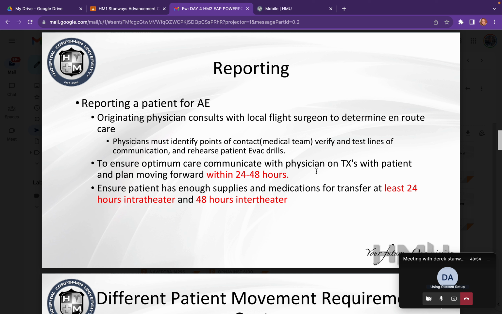But intra-theater is within the AOR. Inter is in between. So when you go from CLDJ to Landstuhl, now you're going from AFRICOM to EUCOM. So that's that inter-theater piece, because you're going in between different theaters. Good to go?